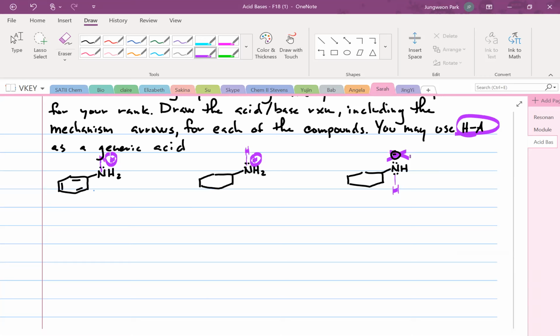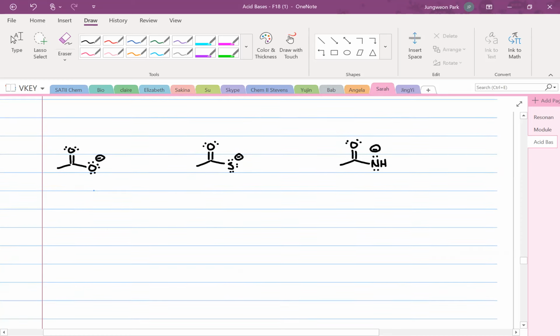Okay, so which one do you think is more basic? The third would be more basic, so obviously this is the weakest, right? I would say the third is most basic too, and the second would be second. What about this one?